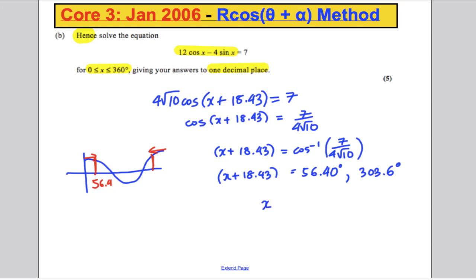And therefore to get x, you subtract 18.43 from both. So you do 56.4 subtract 18.43, you get yourself 37.97 degrees. And 303.6 subtract 18.43 is 285.17. And they are your two answers for x.